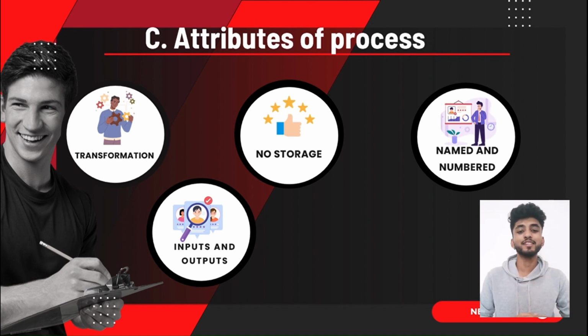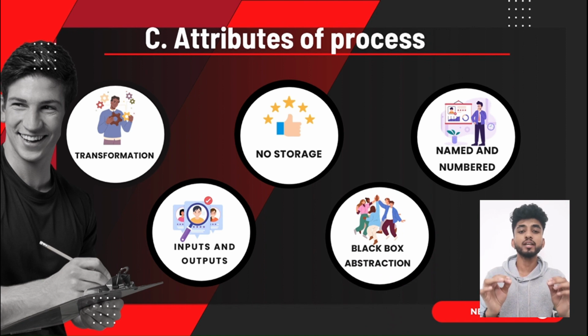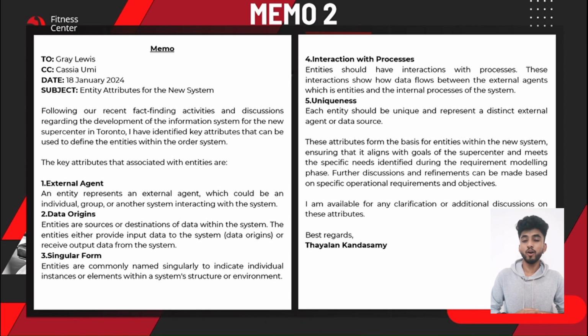And the fifth is black box abstraction. Processes are considered as black boxes in DFDs, focusing on what's going in and what comes out without detailing the internal workings. This abstraction simplifies the representation and makes it easier to understand. This is the memo that we wrote for part C.